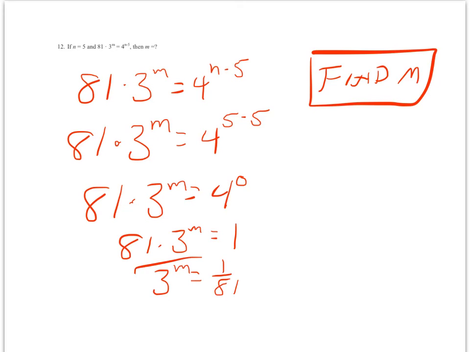This question that you see here, which is saying 3 to what exponent is 1 over 81, is the same thing as saying, well, it's not the same thing. Let me back up a second.